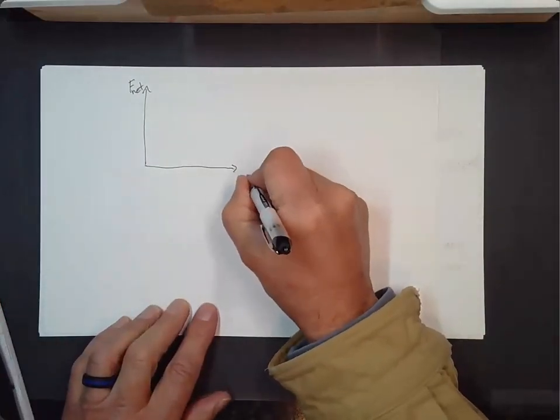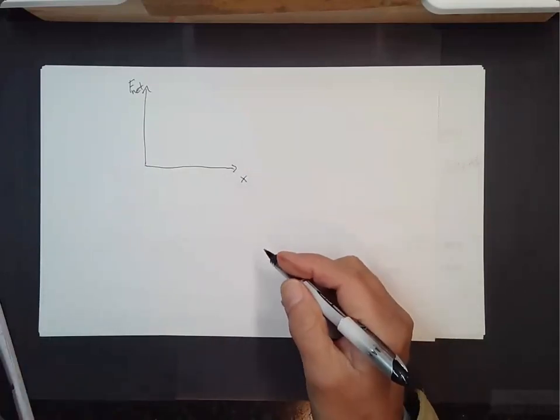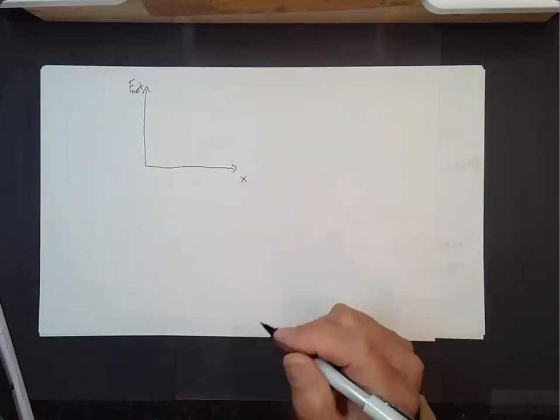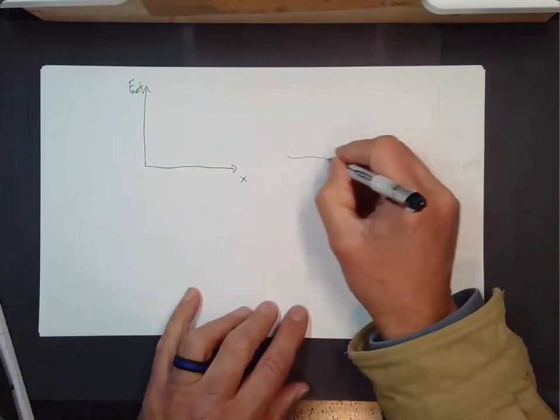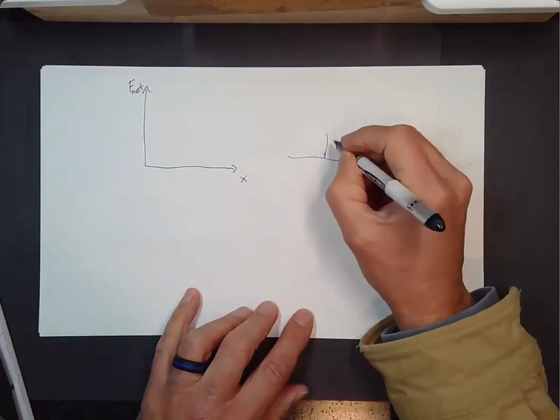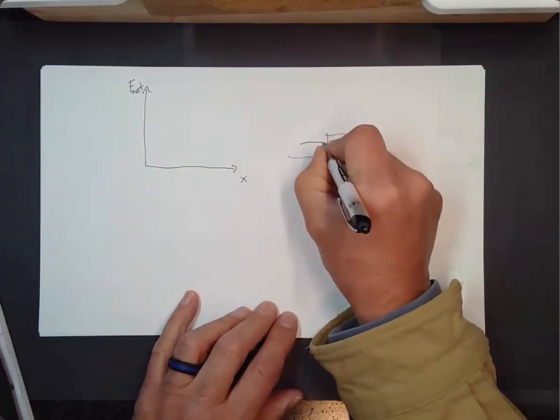And on the horizontal, we'll have just the position of that thing, X. And let's suppose that this net force serves to accelerate the object. Maybe you might have some object that is sitting on a horizontal surface.